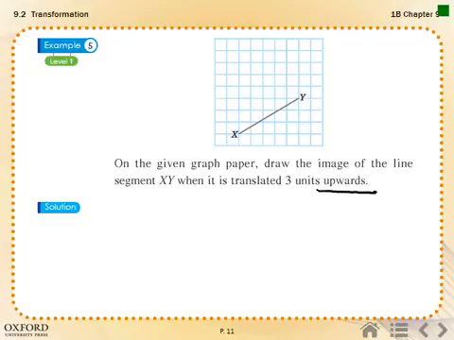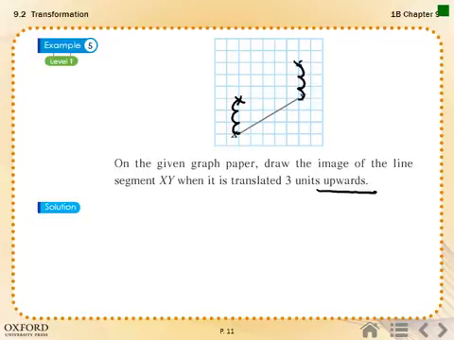Yes, this is easy. If I want to translate XY 3 units upward, that means for this point, move upwards 1, 2, and 3. And the new point is here. For this point Y, if I translate 3 units upwards, that is 1, 2, and 3.